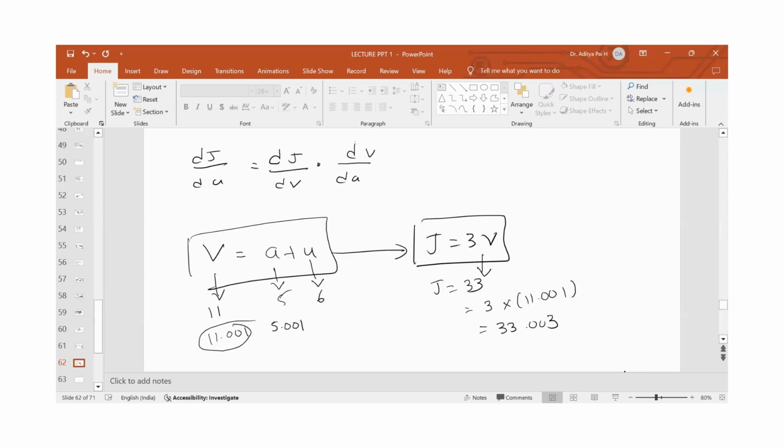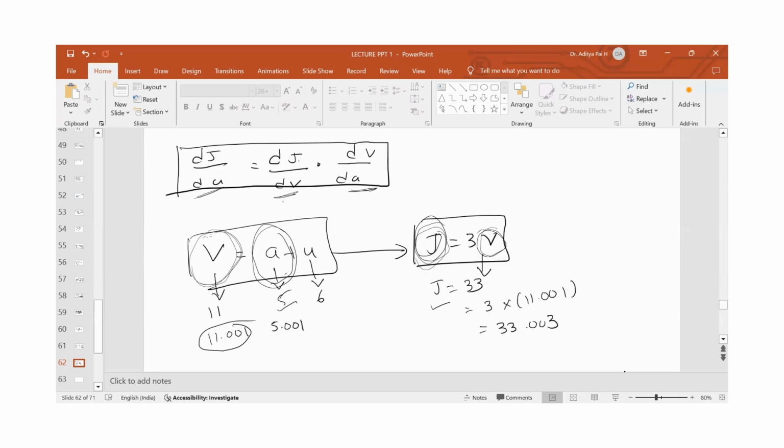So that is what I was explaining here. All of it is interlinked. If there is a change in the value of A, then there is a change in the value of V. If there is a change in the value of V, then there is a change in the value of J. While changing the value of A with respect to J, it is always with respect to V. I'm not directly changing with respect to J. First I have to change the value of V. When this change in V is done, then there is a change in the value of J. So the change in V with respect to J, then the change in A with respect to V, is nothing but the change in A with respect to J. Ultimately, when I change the value of A, my J value is also changed.